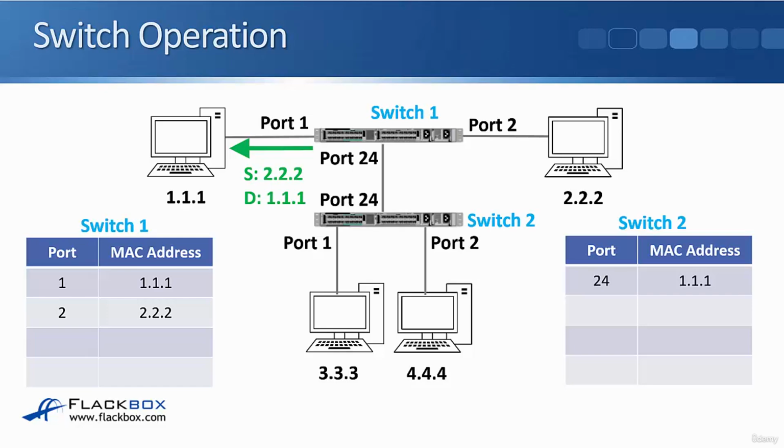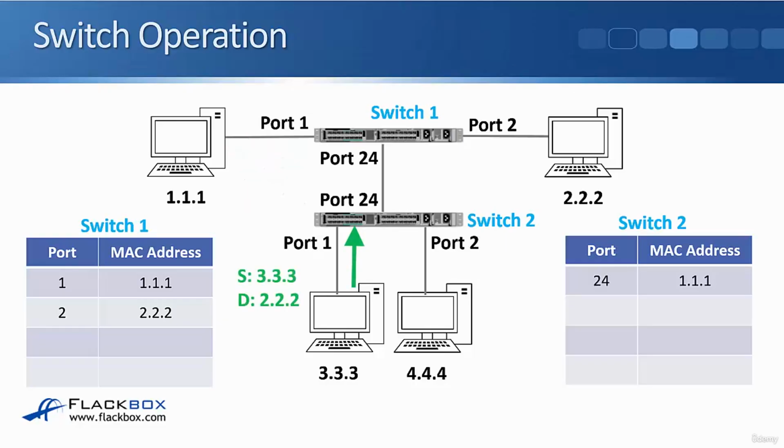Switch 1 will then forward the frame out port 1 because it already knows that MAC address of 1.1.1 is reachable through there. It's in its MAC address table. Notice that the frame does not get sent down to switch 2 now because switch 1 knew that it should go out only on port 1.